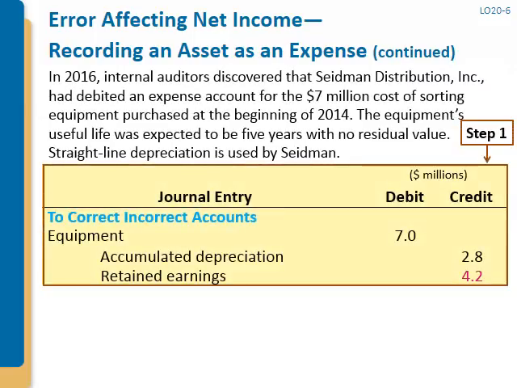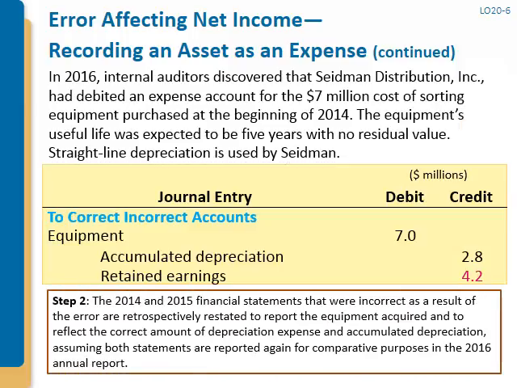A journal entry is posted to correct the incorrect accounts. Equipment account is debited for the $7 million purchased at the beginning of the year. Since depreciation expense was understated by $2.8 million, accumulated depreciation account is credited for $2.8 million, and the difference of $4.2 million, 7 minus 2.8, is credited to the retained earnings account.